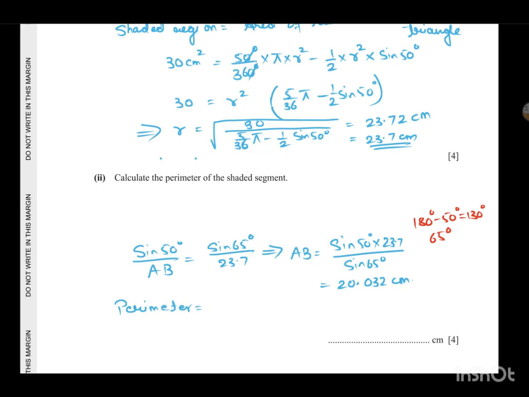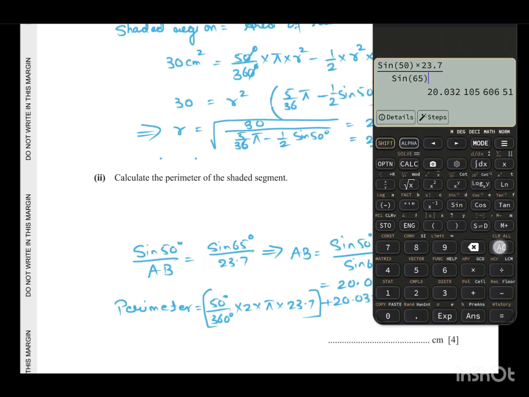Perimeter is equal to 50 by 360 into 2 pi r. It's the length of the arc. So it will be 50 by 360 into 2 into pi into 23.7 plus 20.032. Use the calculator here.